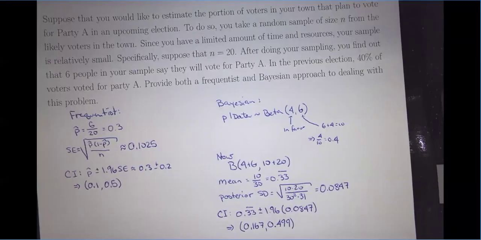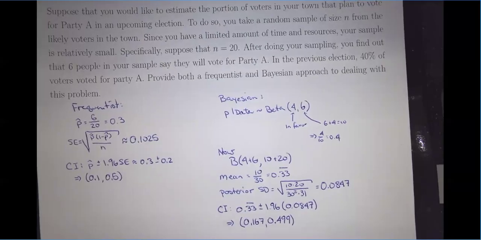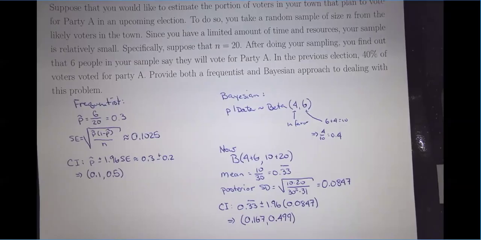So both approaches here conclude that there's a substantial uncertainty about the probability with a sample that's this small. The frequentists say that the point estimate is 0.3, and that should be the true mean, whereas the Bayesian folks say that the true mean is probably closer to 40%.